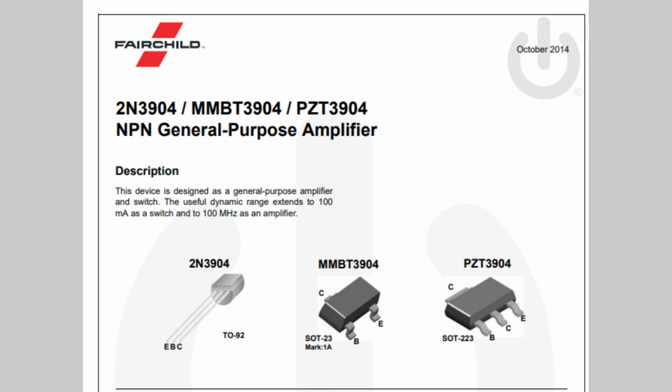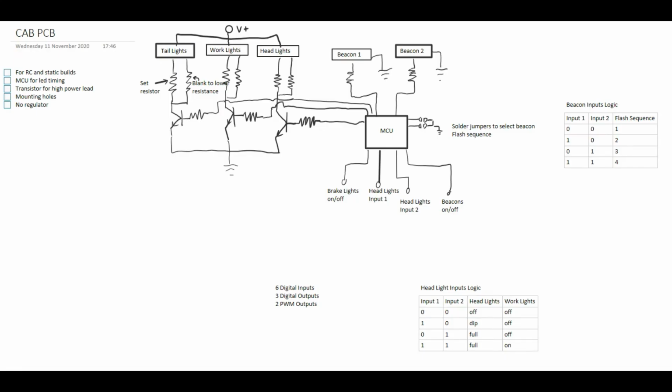It's an NPN transistor that we've picked. And because I have a roll of MMBT3904 transistors in SOT23 form, then that's the transistor I'm going to use, and that's usually why I use various components. It's generally just the ones that I have, and that's really the only components we have to think about.